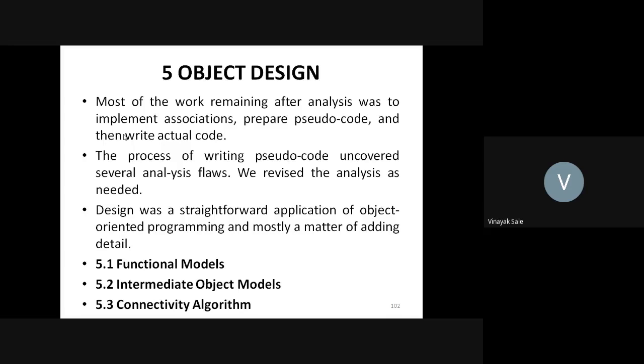We revised the analysis as needed. The design was a straightforward application of object-oriented programming and mostly a matter of adding detail. It has three parts: functional model, intermediate object model, connectivity algorithm.